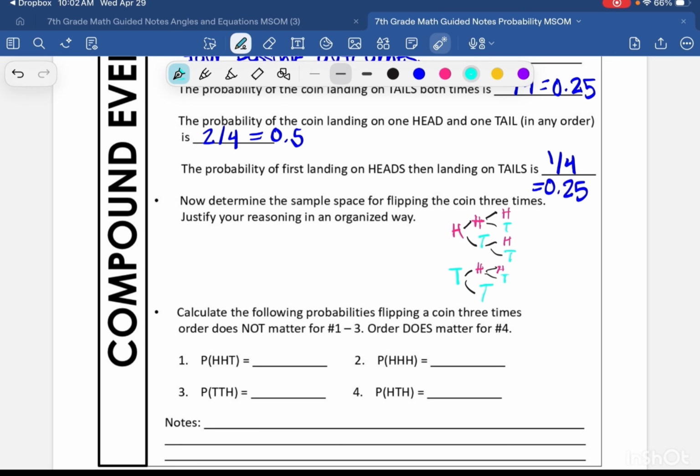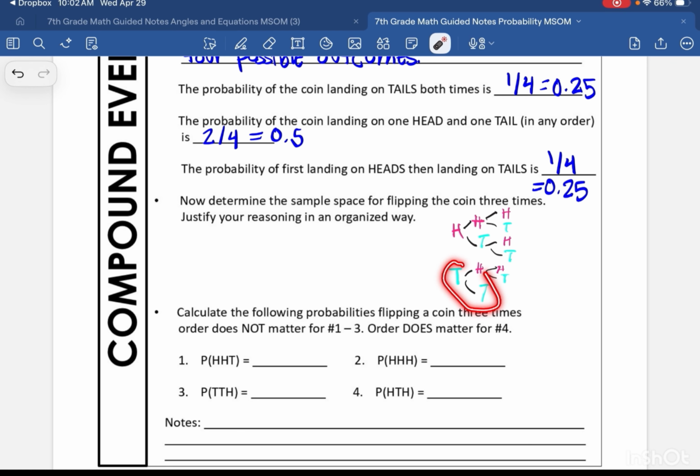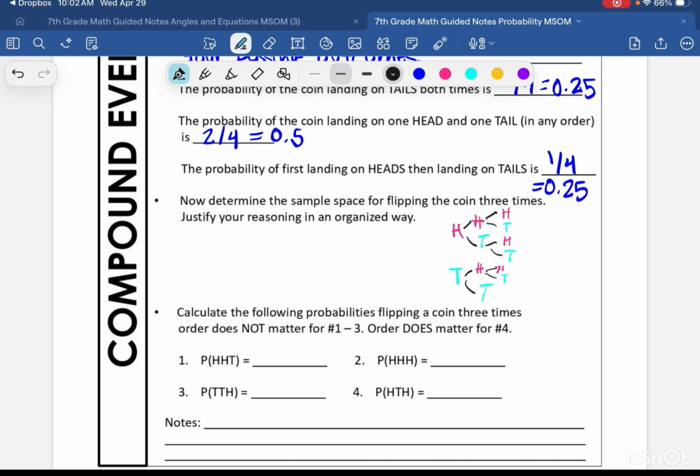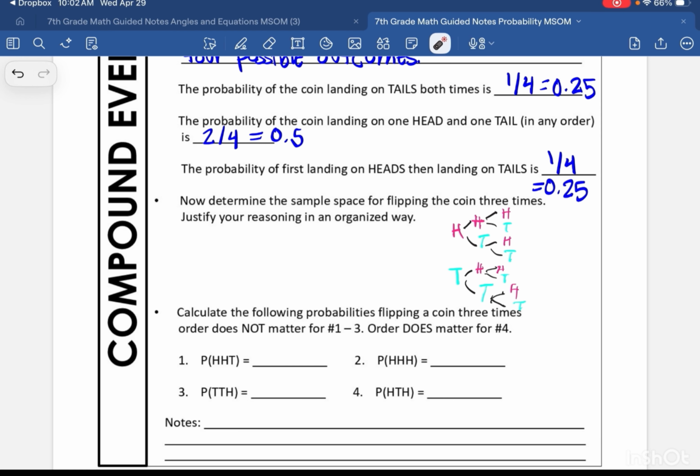And then if I get a tails and then a tails, again, my third flip can either be a heads or a tails. And now as you can see, doing it like this is great, but once you get various trials, it can get a little bit messy. So do your best to keep it organized.